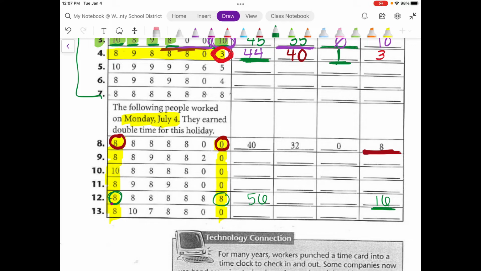And those 40 hours are just the regular hours you get to work. Okay, and then in this case, there's going to be no time and a half because anything that exceeded the 40 hours happened to be double time. So no time and a half in this case. So again, take some time to practice doing these problems, and we will go over the answers later.